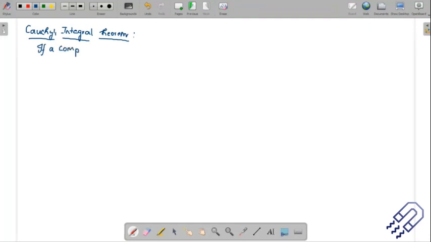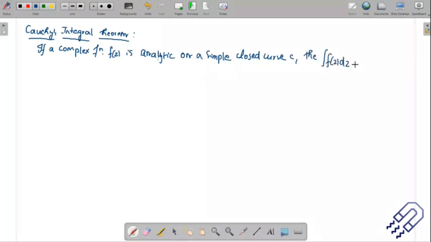So what we have here is, if a complex function f(z), let's say, is analytic on a simple closed curve, we're going to take an example and understand it better, let's say C. Then if you take the integration of f(z) dz, this will be 0.